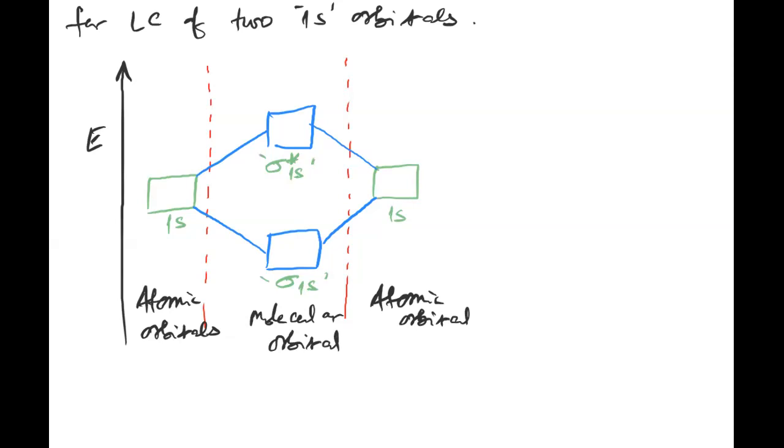Sigma 1s is the bonding molecular orbital, and sigma star 1s is the anti-bonding molecular orbital, ABMO and BMO.